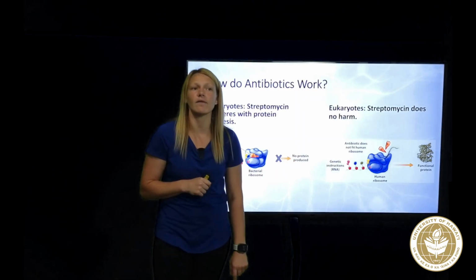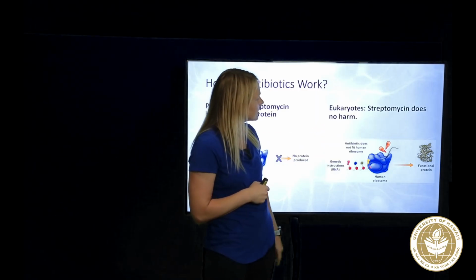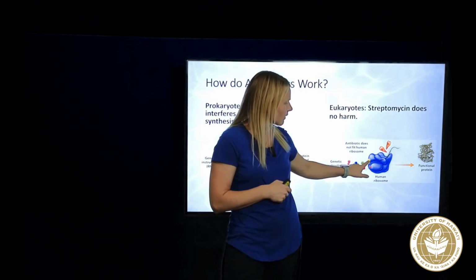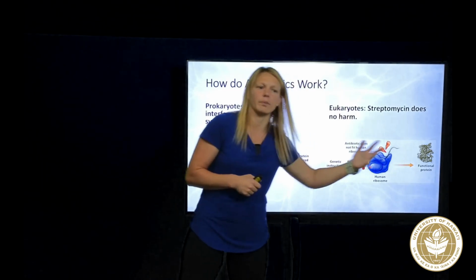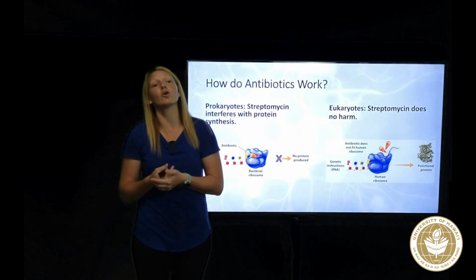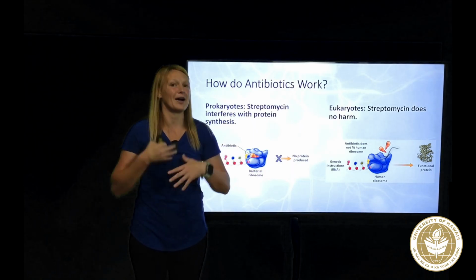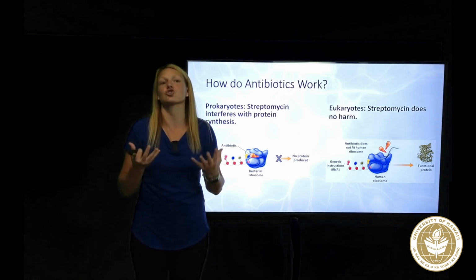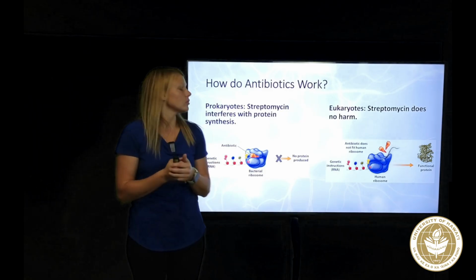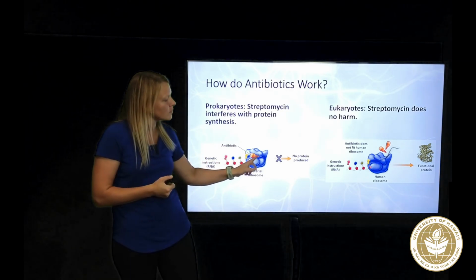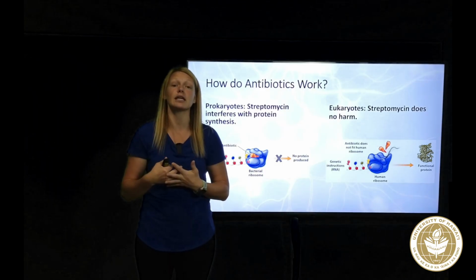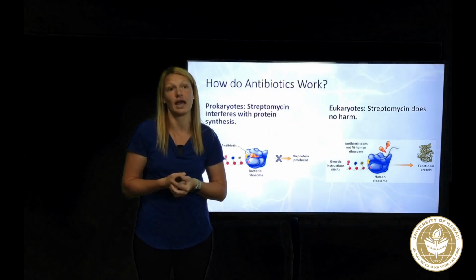But it does not affect eukaryotic cells because our ribosomes are different. That antibiotic does not fit the human ribosome, and humans are able to make a functional protein. Both eukaryotic and prokaryotic cells have ribosomes, but they are different sizes and structures. So streptomycin is able to get in on these bacterial ribosomes and keep those proteins from being produced, so that the bacteria cannot live anymore.